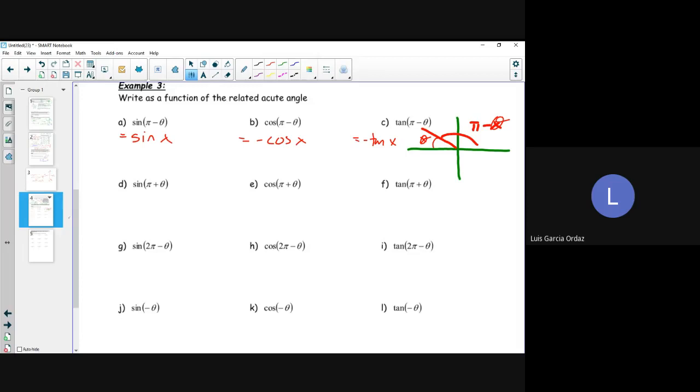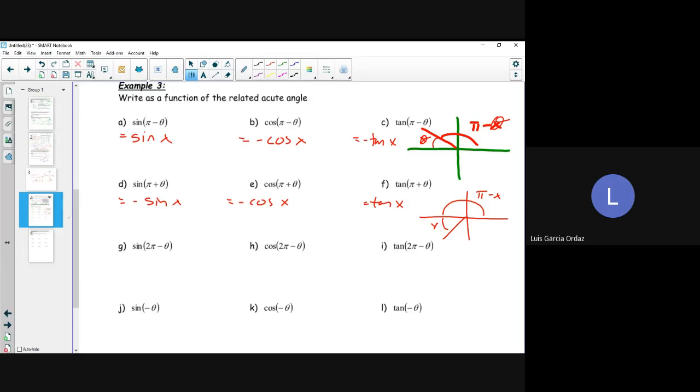So for D would be quadrant 3. Yep. So for D, Jose is ahead of the game already. It's in quadrant 3. He says everything will be negative except for tan, which is true. How about the second last one?